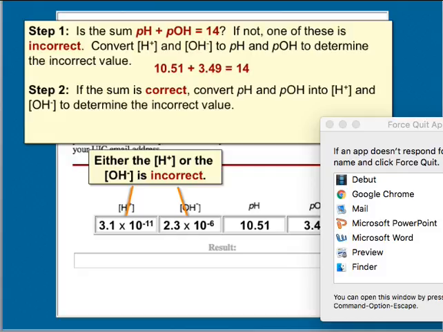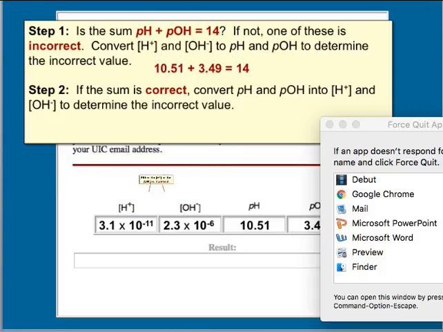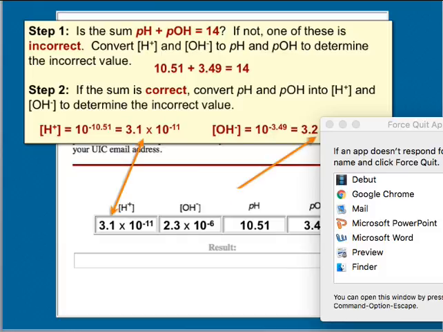Take 10 to the minus pOH, see what you get for hydroxide. 10 to the minus pH gives you hydronium. 10 to the minus pOH gives you hydroxide. This one is right, this one is wrong, this is the bad guy. Isn't that simple?